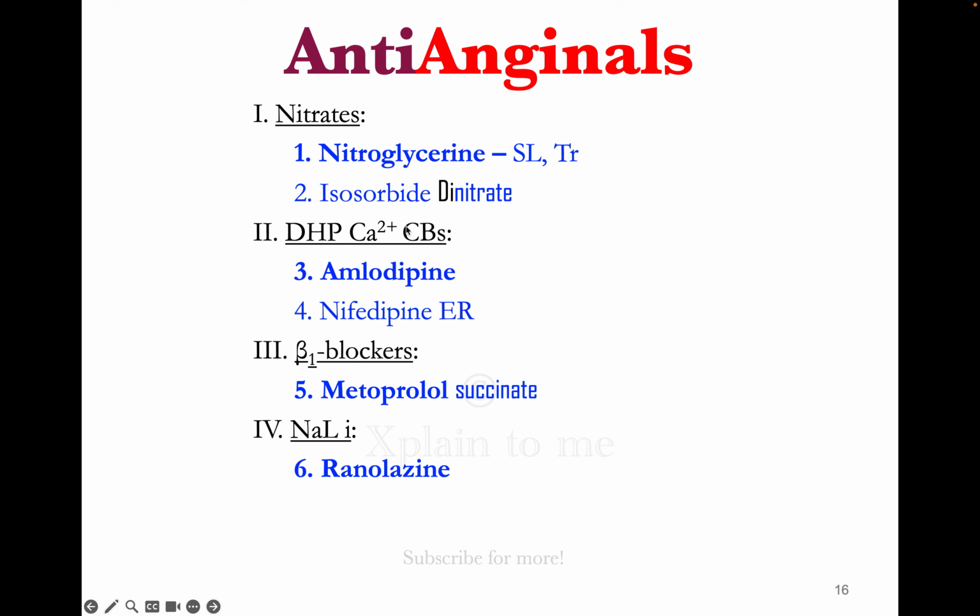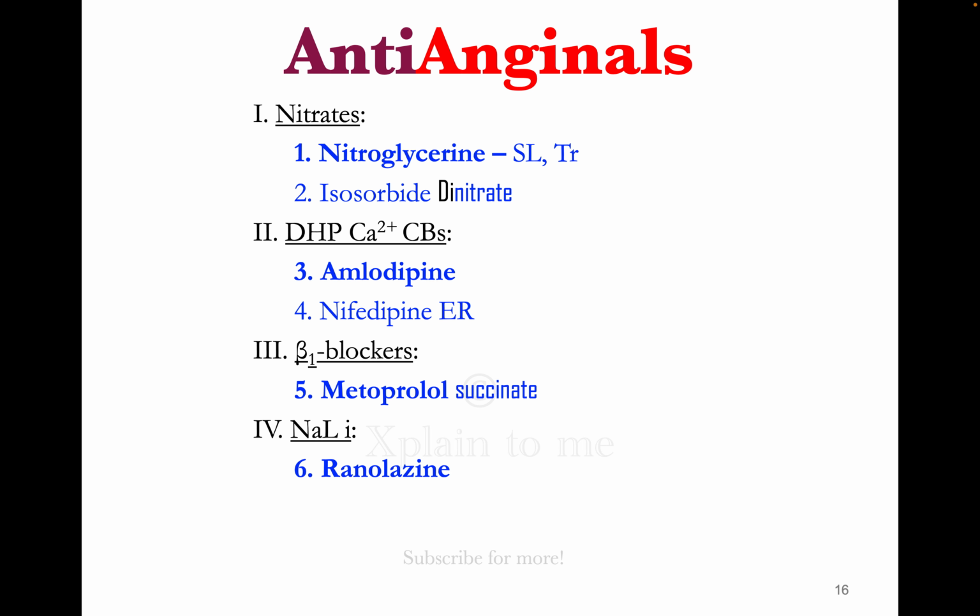Therefore, the first two classes are targeting dilation of the vessels. So dihydropyridine calcium channel blockers like amlodipine or nifedipine extended release will be very effective for variant angina, specifically because of coronary artery vasospasm.